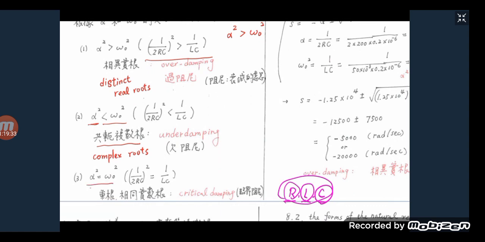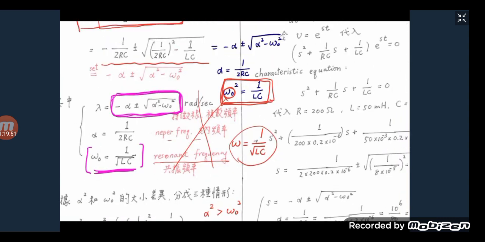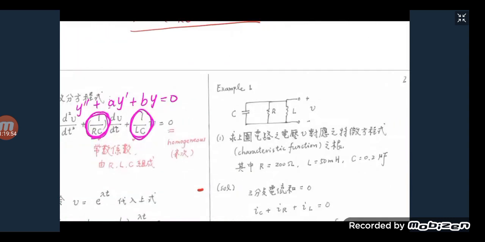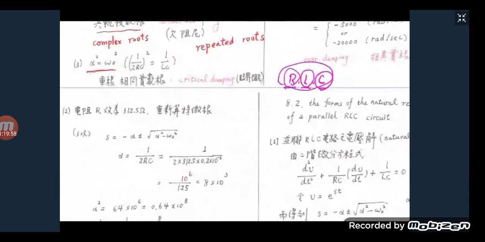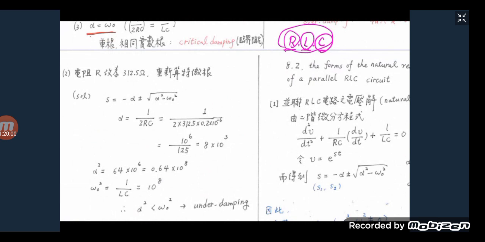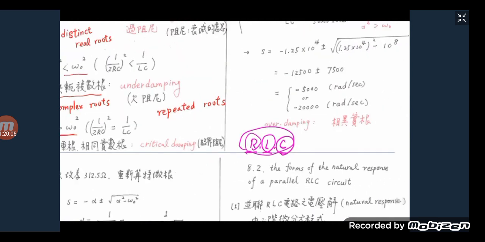And the specific case is called repeated roots. Of course, here we just talk about the possible roots in section 8.1.